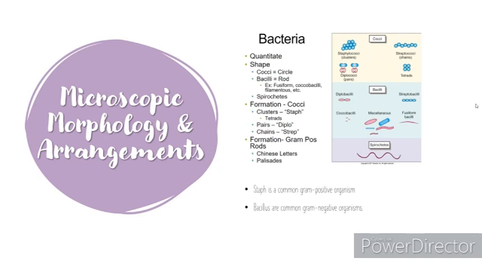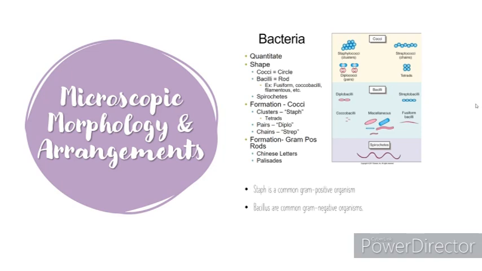As you can see in the picture on the right, they're organized into cocci, bacilli, and spirochetes. So we can see that there are staphylococci, streptococci, diplococci, and tetrads. Staphylo, or staph, is usually clusters. Strepto, or strep, is chains, and diplo is pairs, usually pairs of 2.